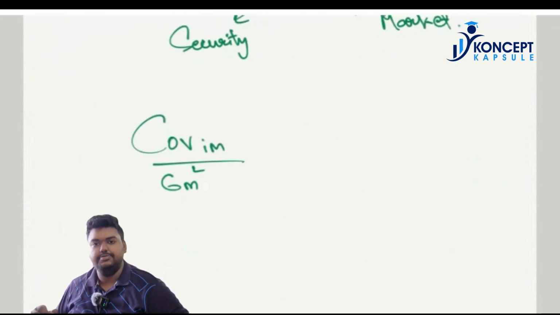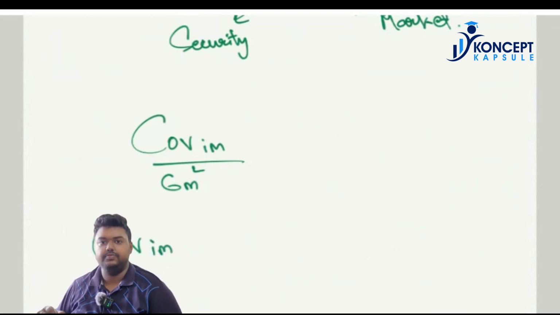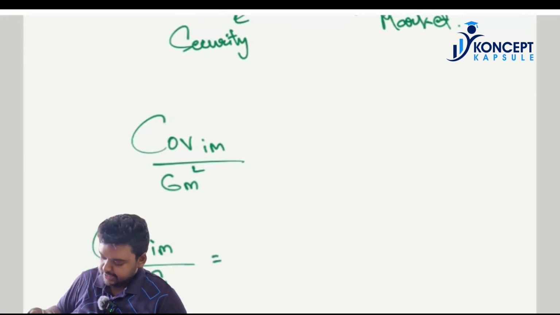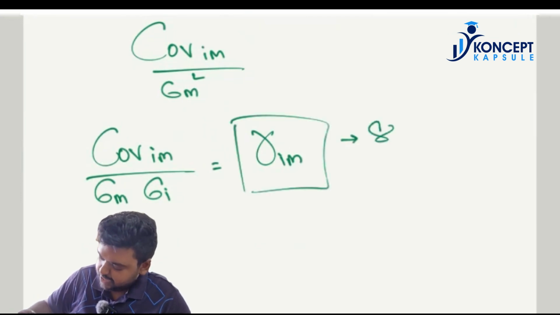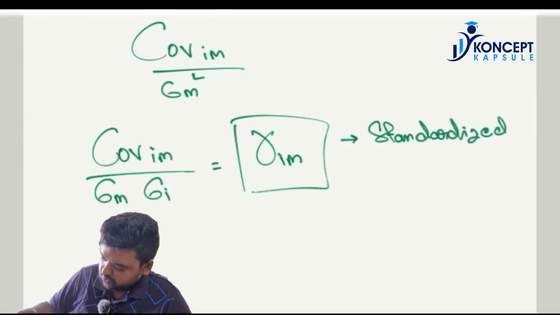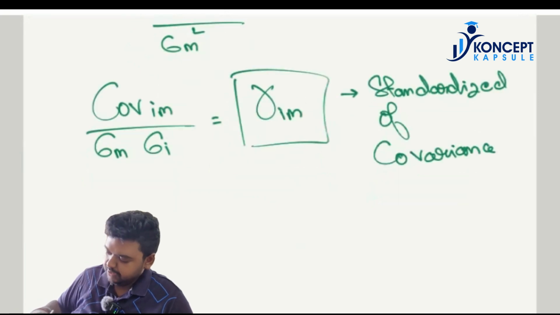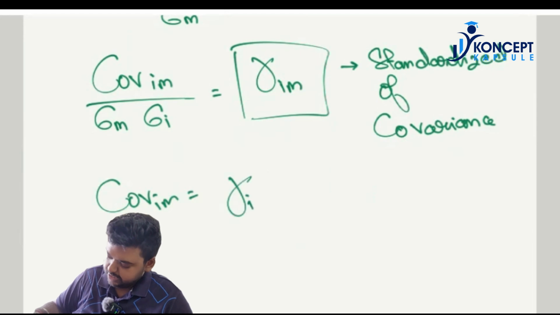But we know that covariance Im divided by sigma m, sigma I is equal to the correlation coefficient. What is this? A standardized measure of covariance. So it means covariance is nothing but correlation into sigma m into sigma I.